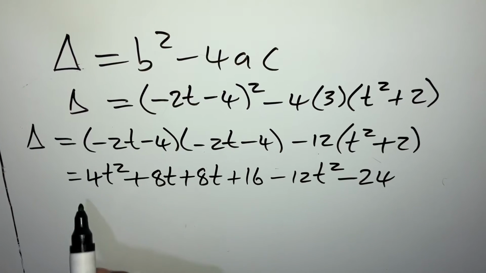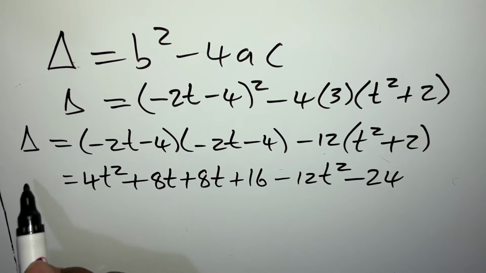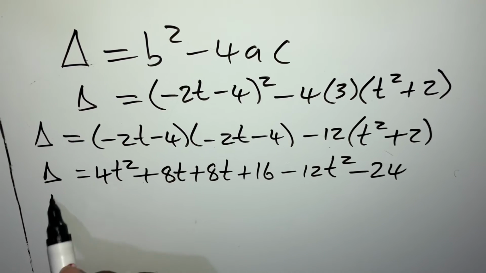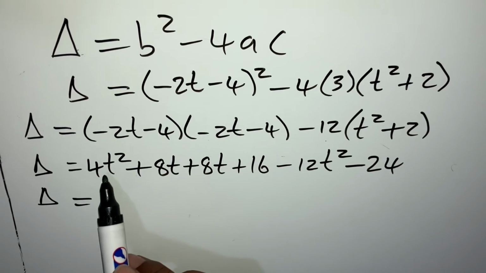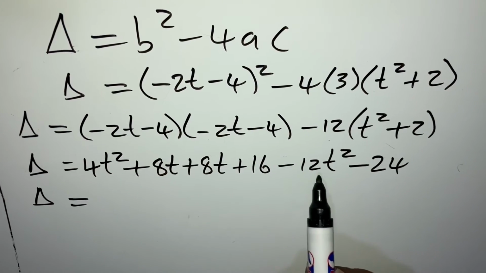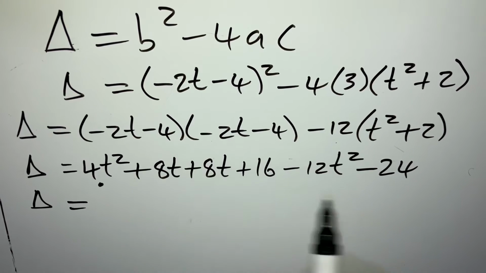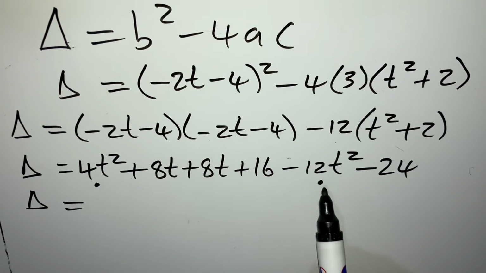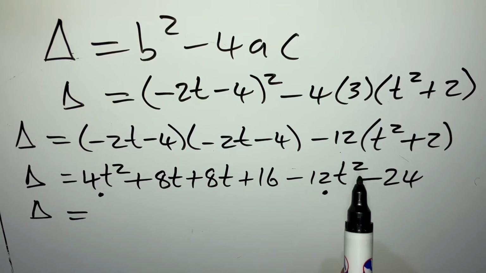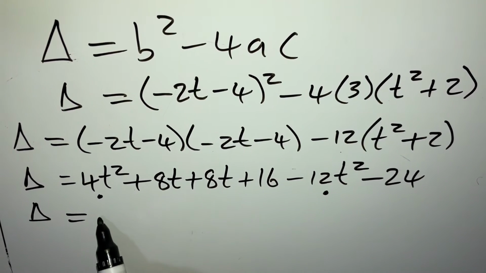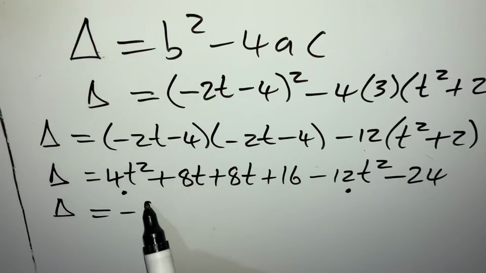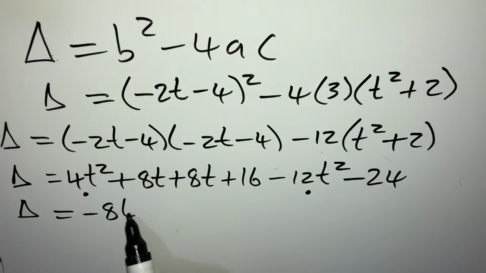Then you go on to look for the like terms, which are the 4t squared and the minus 12t squared. These two will give you a negative 8t squared.